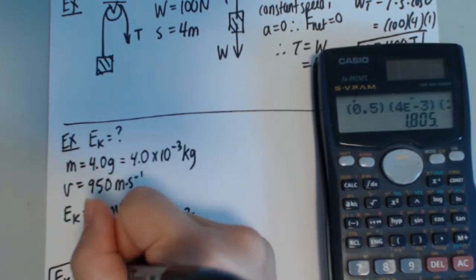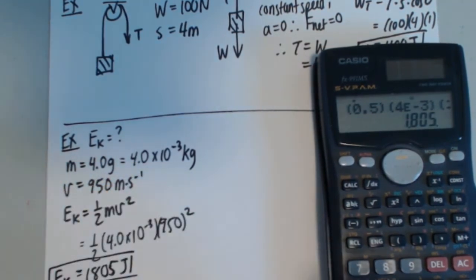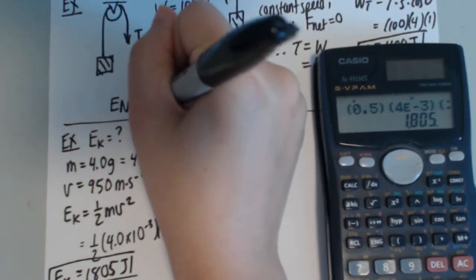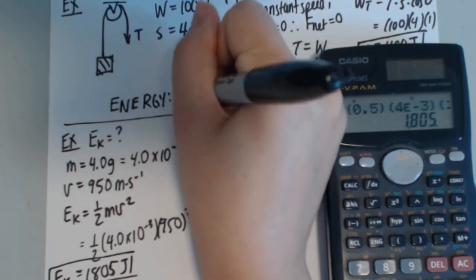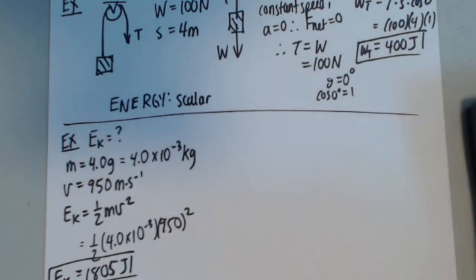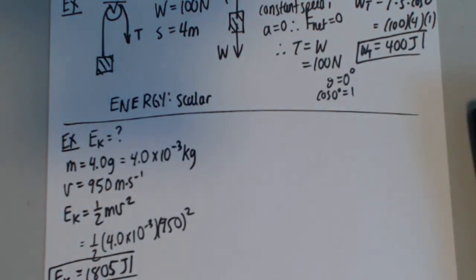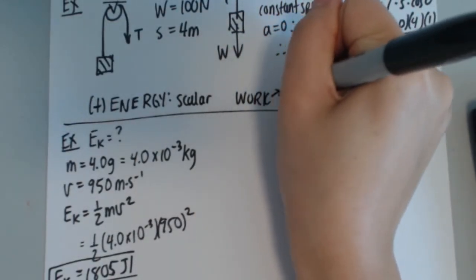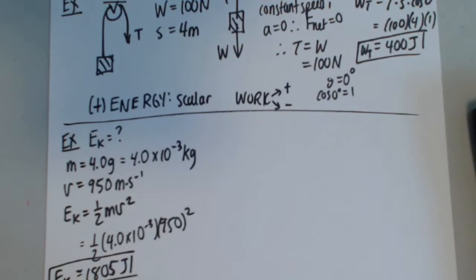Okay, I gotta point this out. Energy is a scalar, just like work. Okay, so let me just write that here so you have it. Energy is a scalar quantity. It only has magnitude. Now, while scalar quantities can be positive or negative, energy is always positive, but work can be positive or it can be negative.